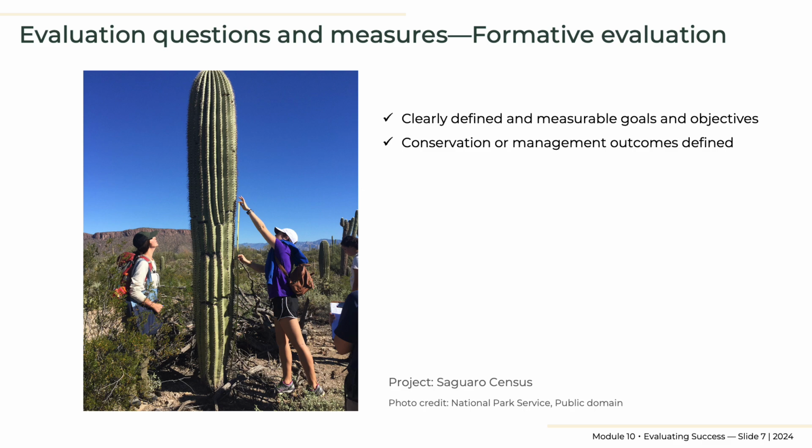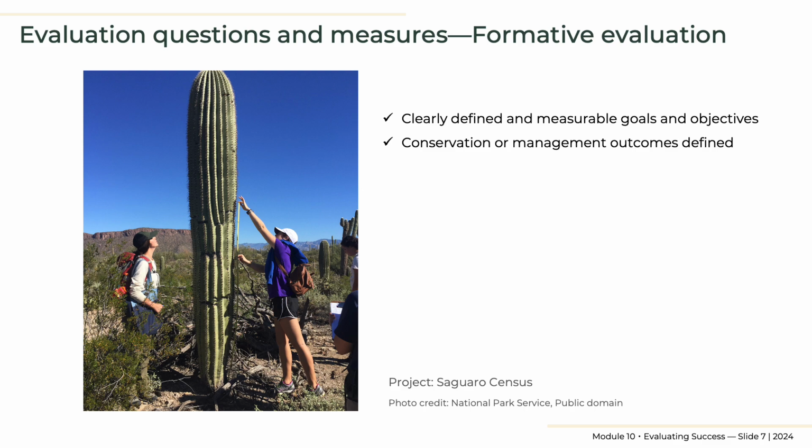This series of presentations and the associated toolkit cover the steps or phases of project design and delivery. Formative evaluation should check to see that each has been done by answering the following questions. From Module 3 on Goals and Objectives, does the project have a clearly defined goal or goals? Will the goals influence conservation or management outcomes?